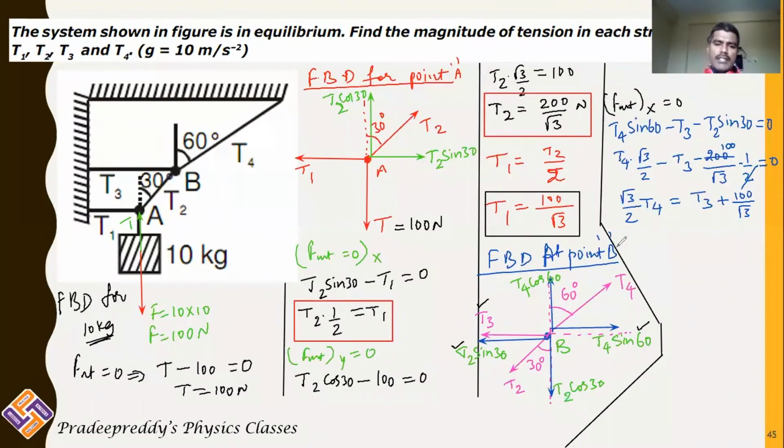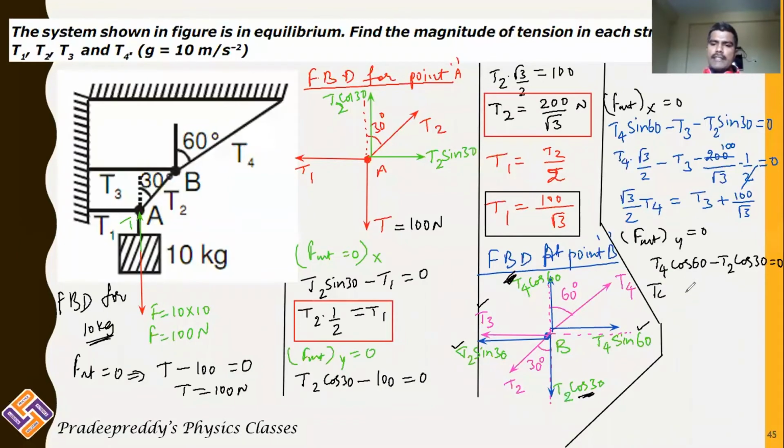Now use the condition F net is equal to 0 along the y direction. F net along the y direction is equal to 0. Along the y direction, how many forces are there? Only 2 forces. This is one force and this is the other force. Now the upward force, you can write it as T4 cos 60 minus T2 cos 30 is equal to 0.